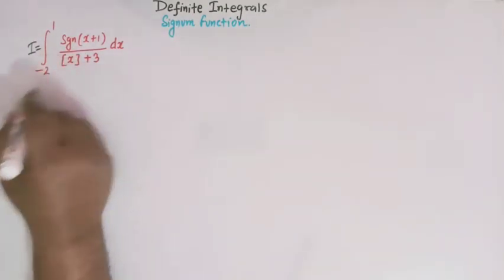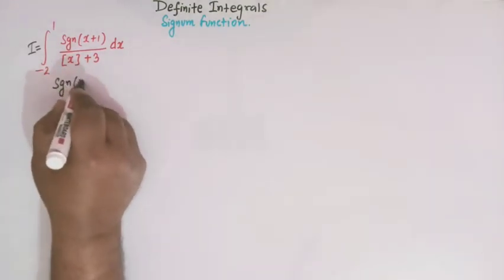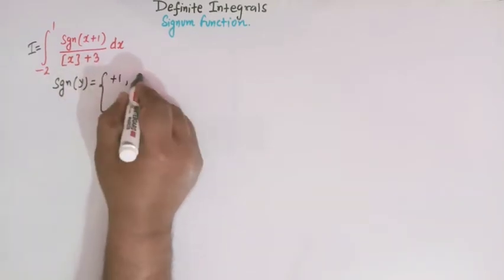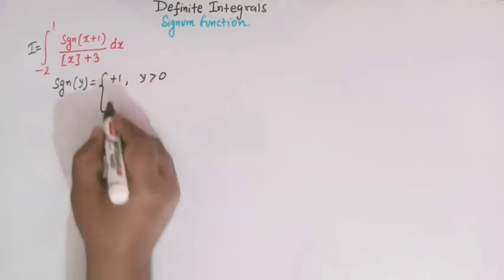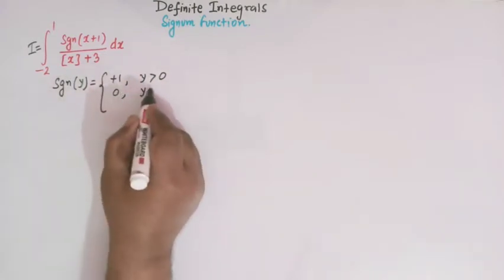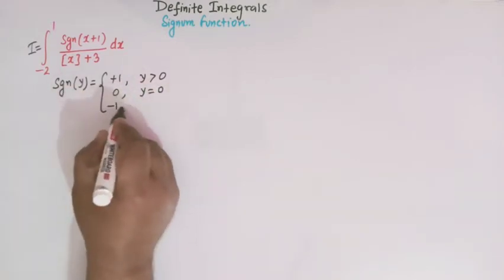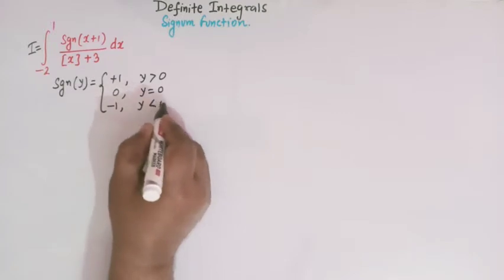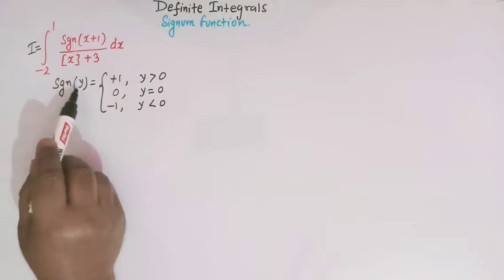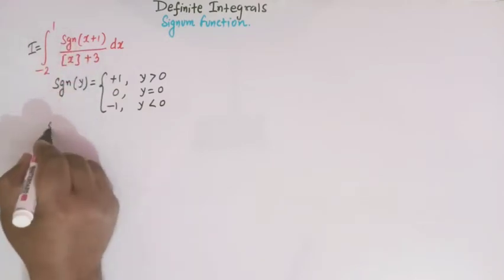So we know that the definition of signum function is signum of y is equal to plus 1 whenever y is greater than 0, and signum of y is equal to 0 whenever y is equal to 0, and signum of y is equal to minus 1 whenever y is less than 0, right? So this is the definition of signum function, and here we have signum of x plus 1, right?